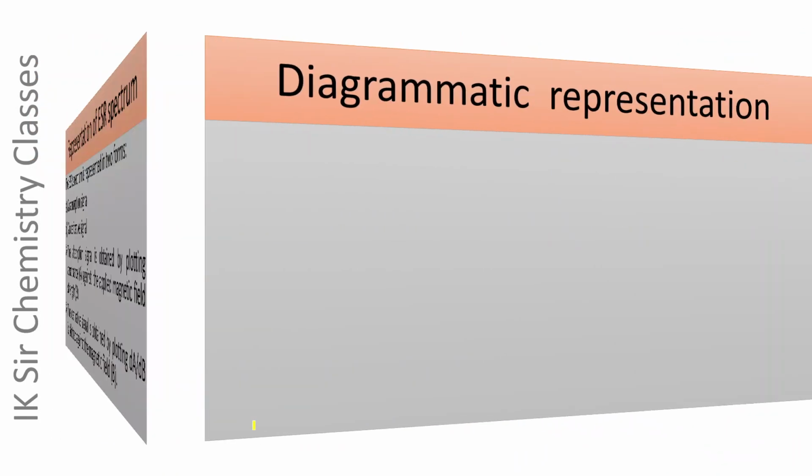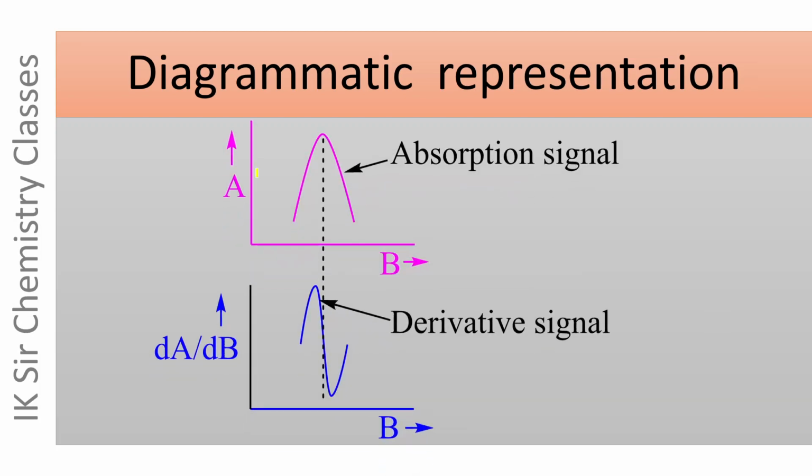Let us illustrate absorption signal and derivative signal with the help of a diagram. Here in the first figure, absorbance is plotted against applied magnetic field. The signal obtained in this way is called absorption signal.